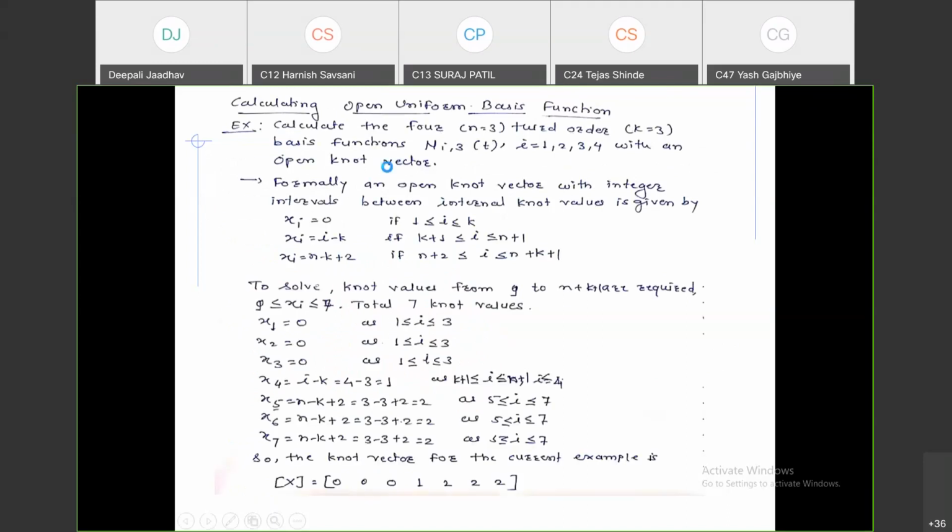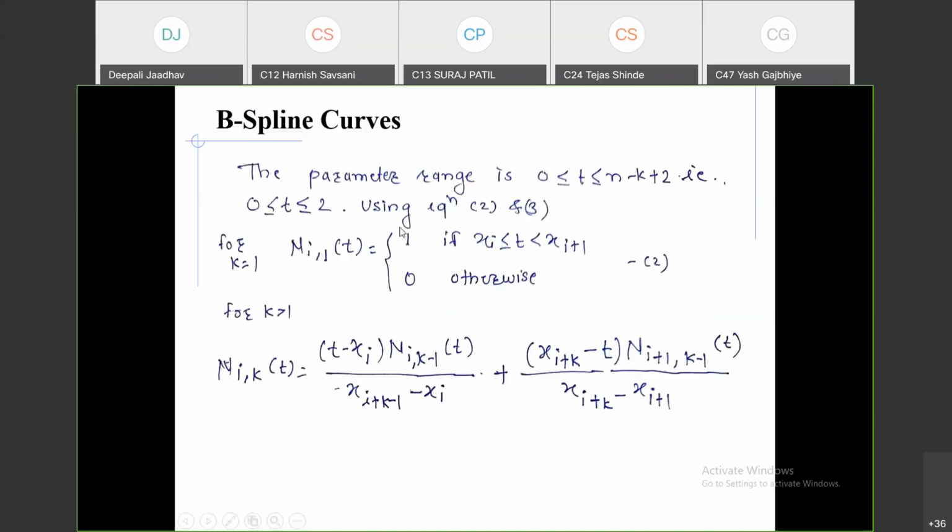So using this example, what is the range of t? t ranges from 0 to n minus k plus 2. So n is equal to 3 minus k is equal to 3 plus 2, which is equal to 2. So the value of t ranges from 0 to 2, greater than or equal to 0 and less than or equal to 2.